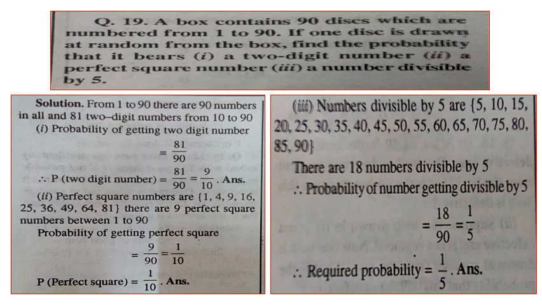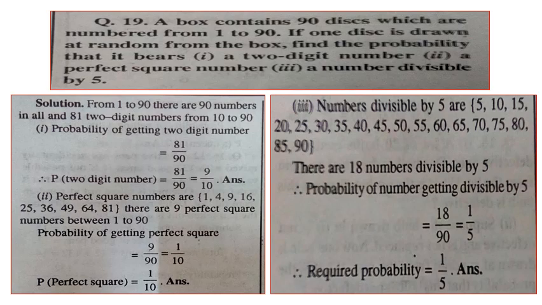Question number 19. A box contains 90 discs which are numbered from 1 to 90. If one disc is drawn at random from the box, find the probability that it bears: 1, a 2-digit number; 2, a perfect square number; 3, a number divisible by 5.